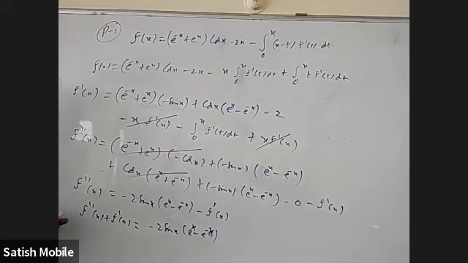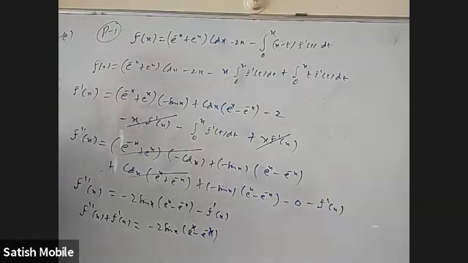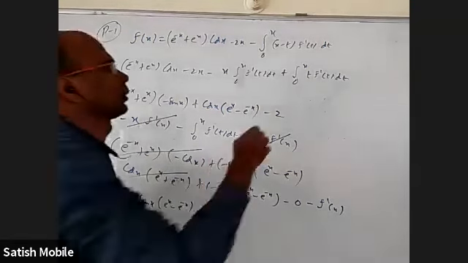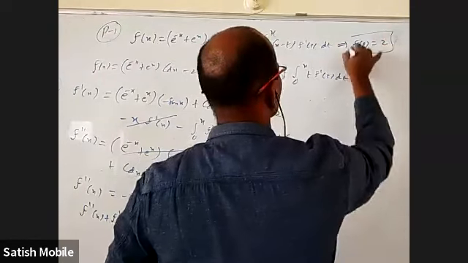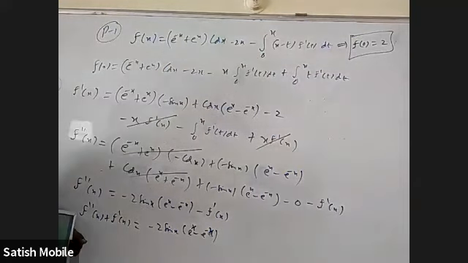Of course, right in the beginning, when I put x equal to 0 in the whole question, I'll get f(0) equal to 2. Right in the beginning, f(0) equal to, this is 1, this is 1, this is 1, all others are 0.